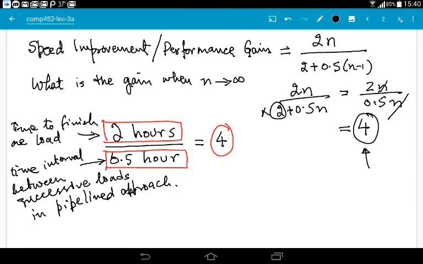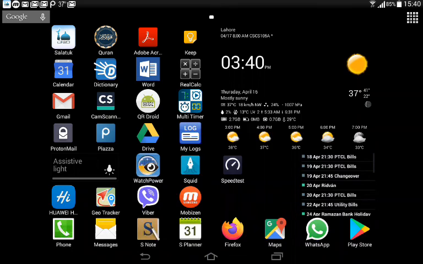So let me see if I can show you a figure.